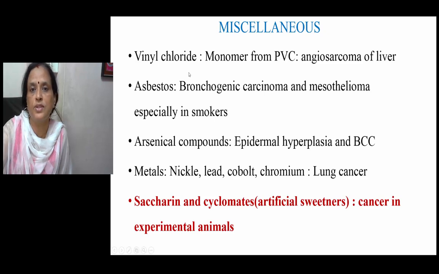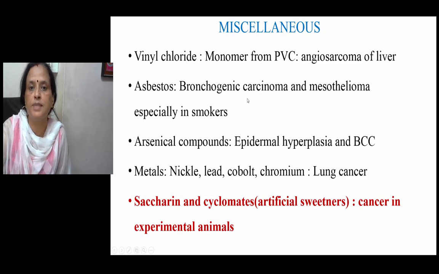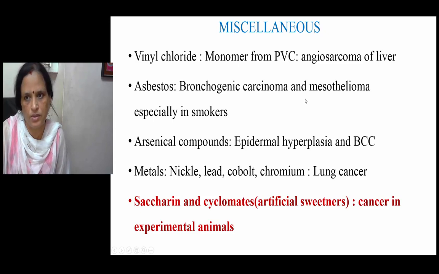So miscellaneous agents, vinyl chloride. Remember that picture, the PVC pipe, then angiosarcoma of the liver. Then asbestos. People who work in asbestos industries, where they make sheets and all other products of asbestos.